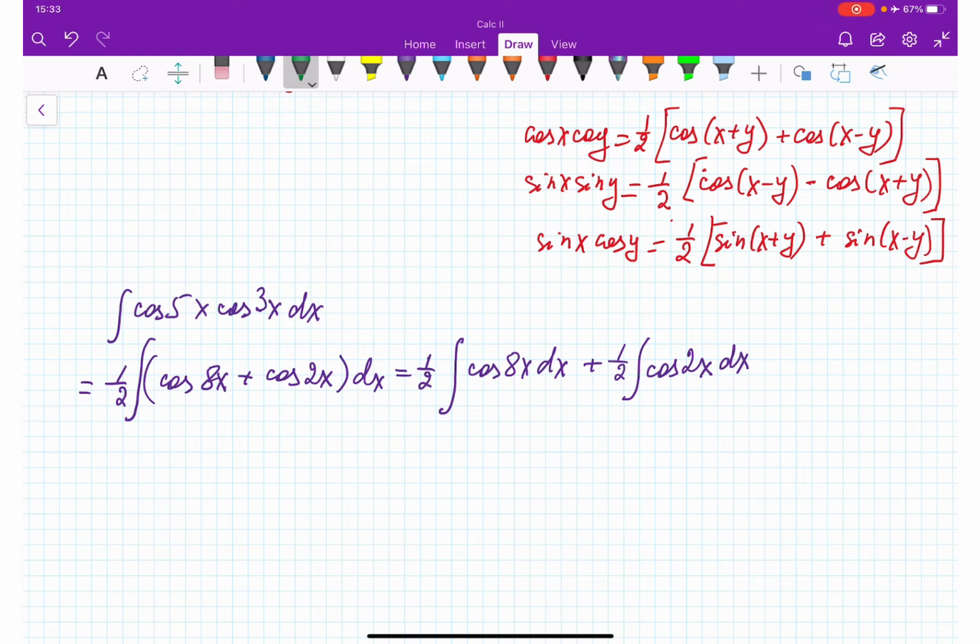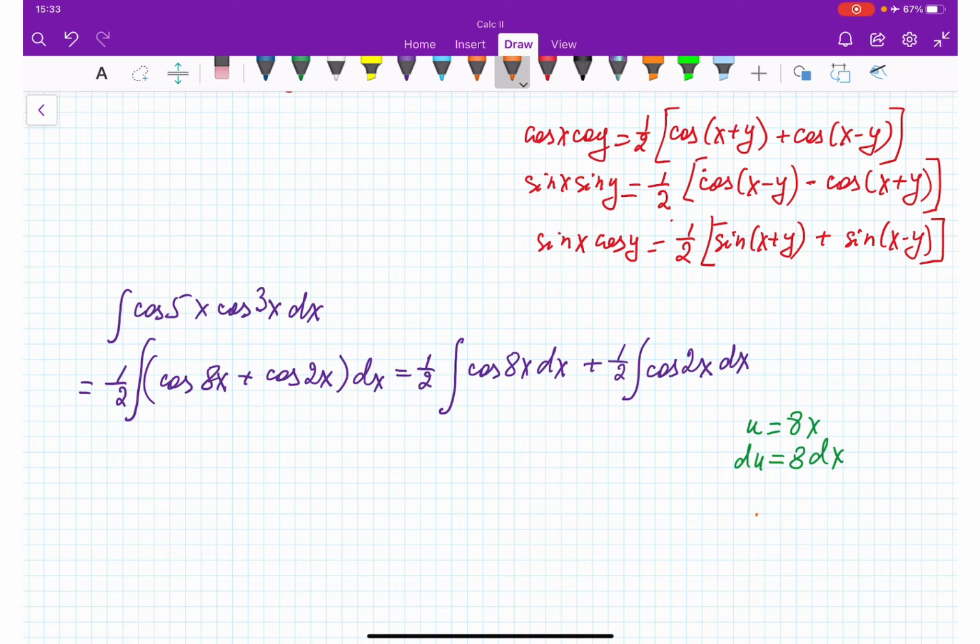And we are going to substitute 8x and 2x, right? So u is equal to 8x and du is equal to 8 dx. Okay, and let me do also the cosine 2x.